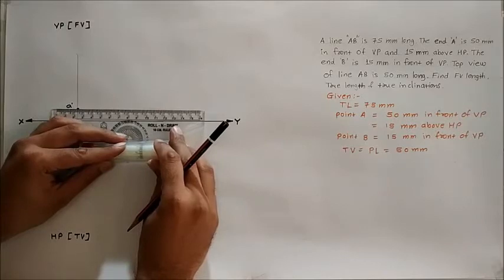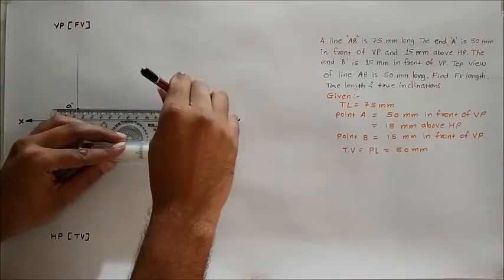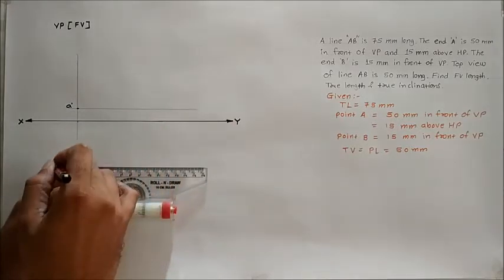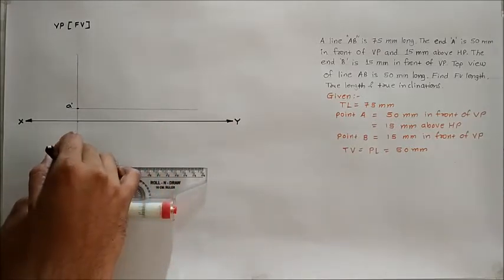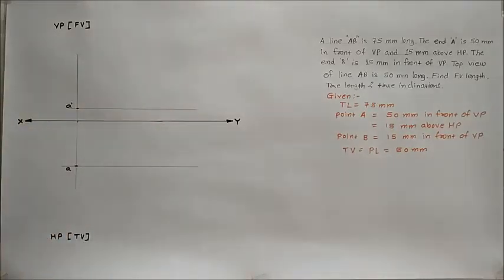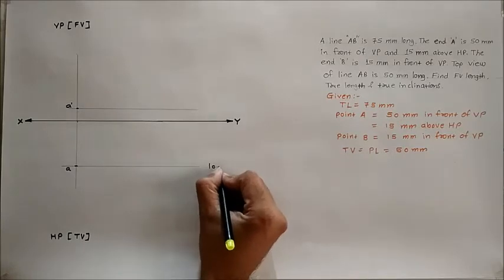These loci should be parallel to the XY line. Give the nomenclature to them as locus of point A and locus of point A dash.